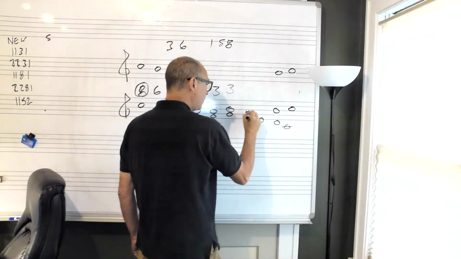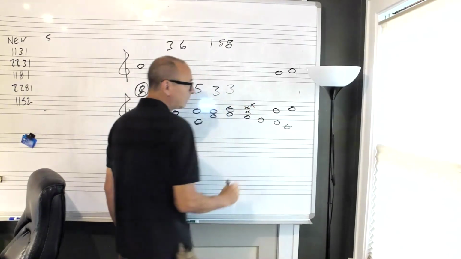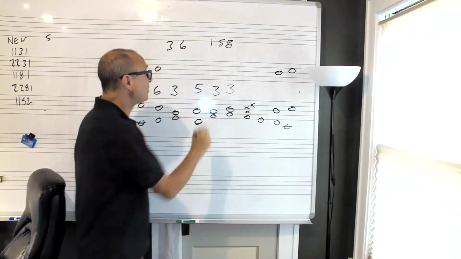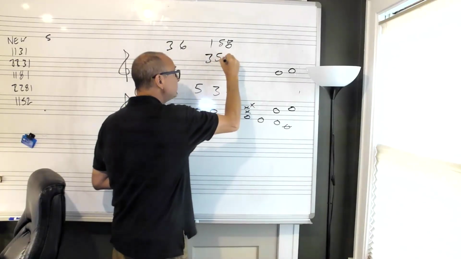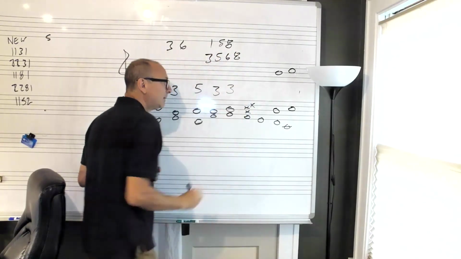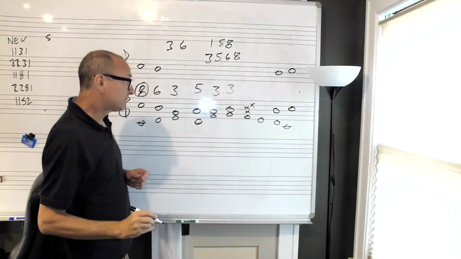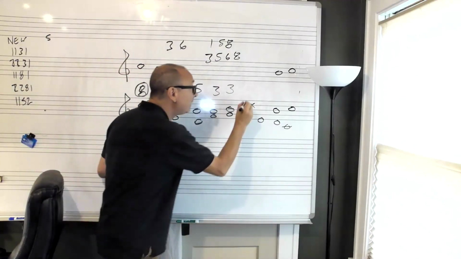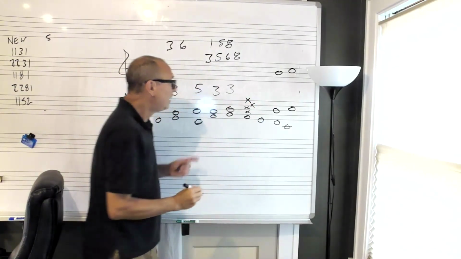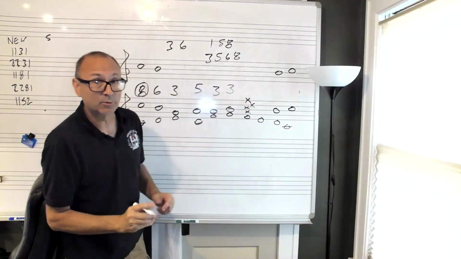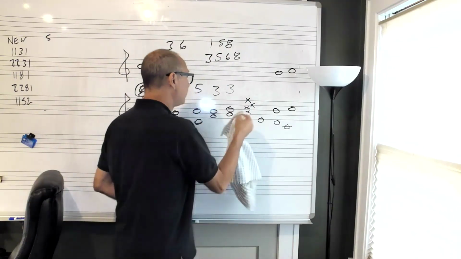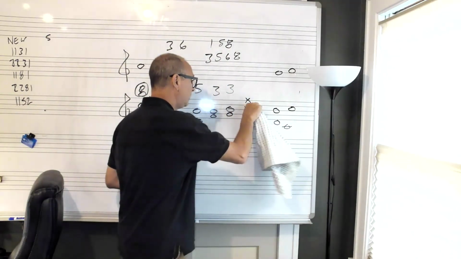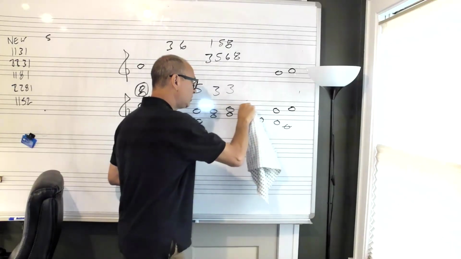once again, we're marking in what the options are. Remember, the only options that you have are 3, 5, 6, and 8. Okay? Anything else is a problem. Let's look at 8. 8 would be here. But that's the leap of a tritone, and you can't have tritones in counterpoint. So we have to choose.